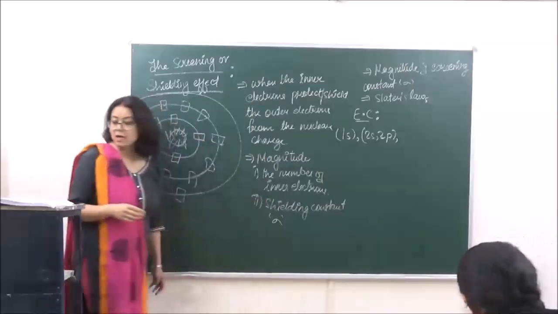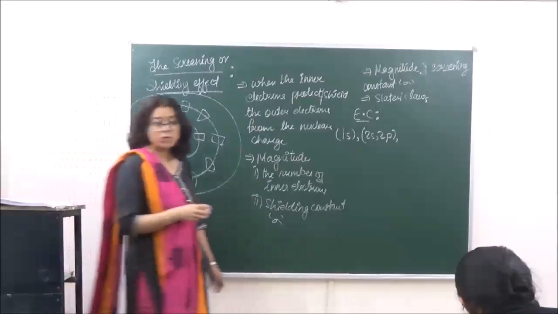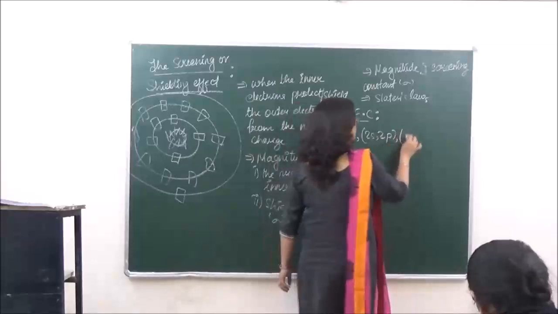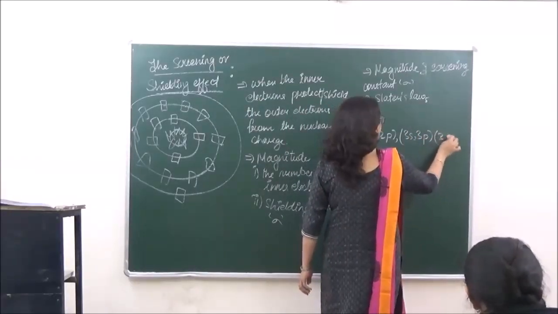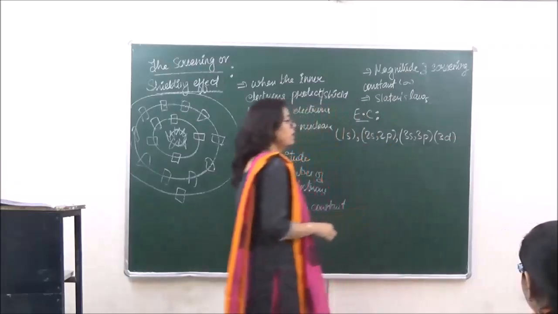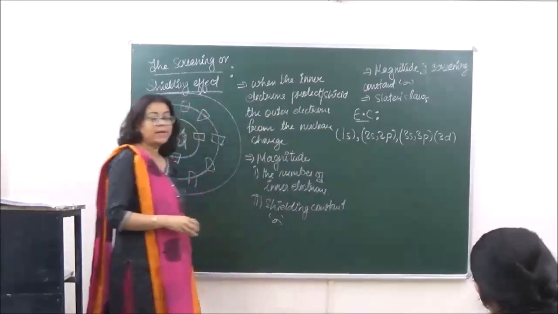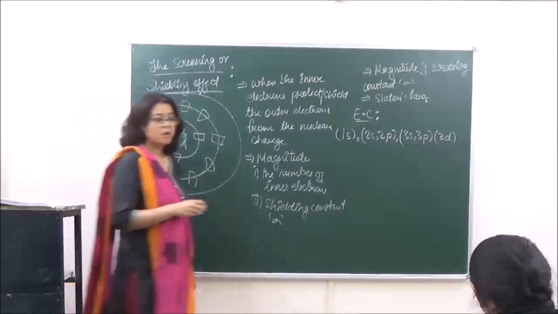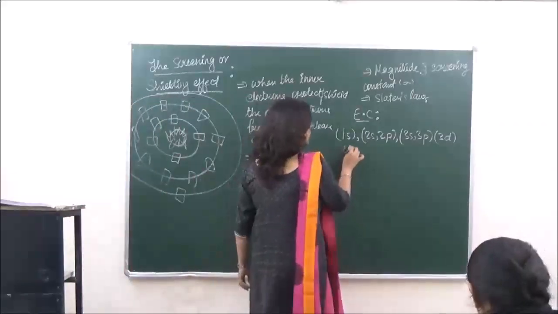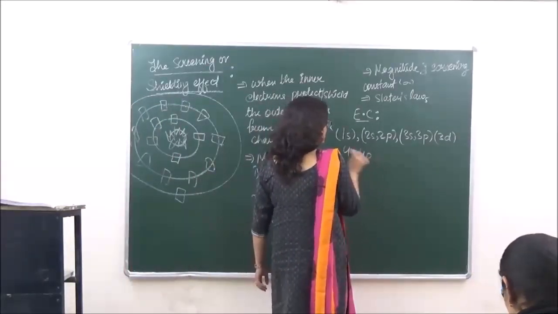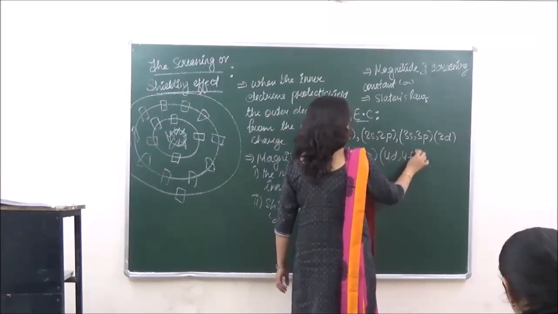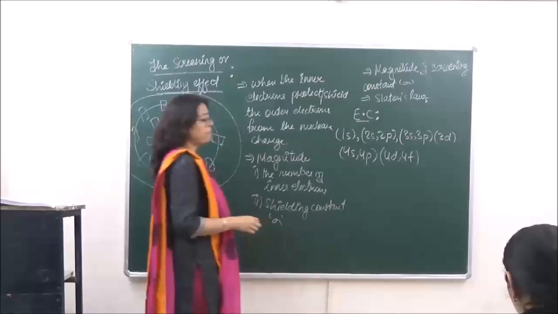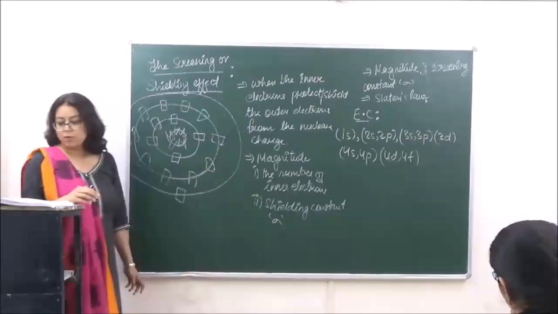Then in the third group we have 3s and 3p. Then 3d, which is going to be alone. Then after 3d we have 4s and 4p. And 4d and 4f are kept in the same group.